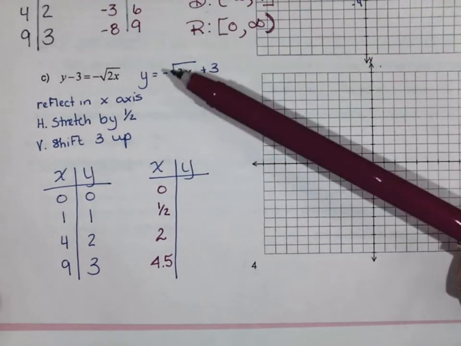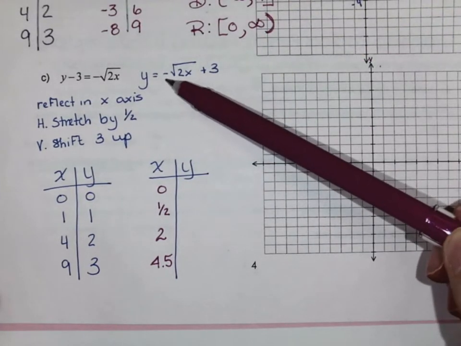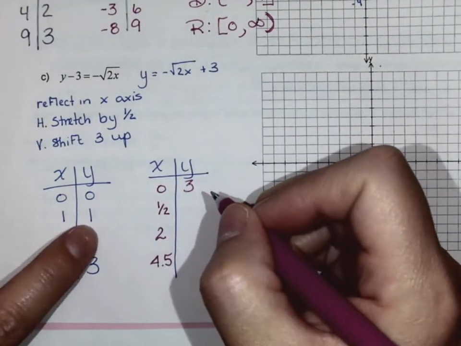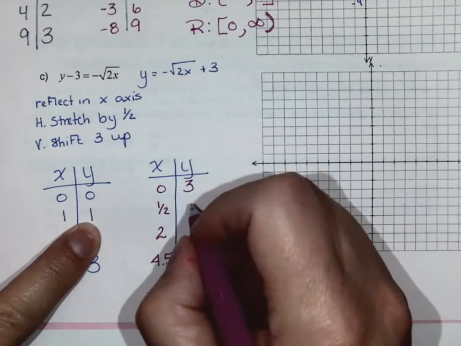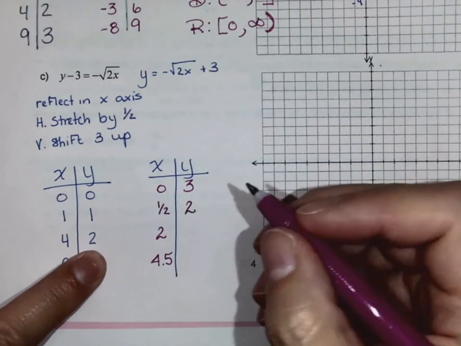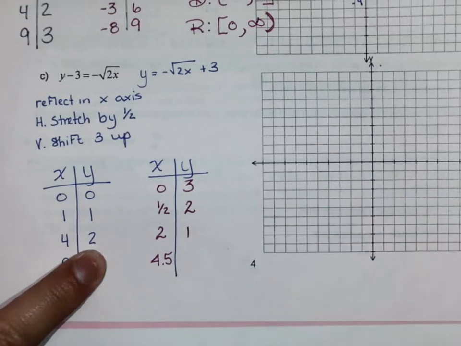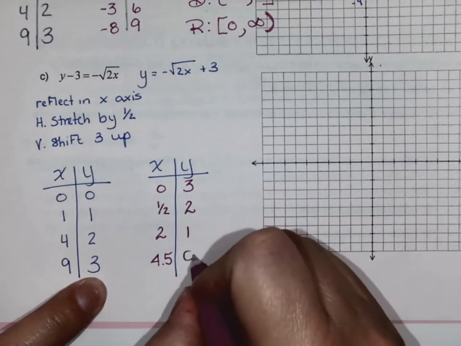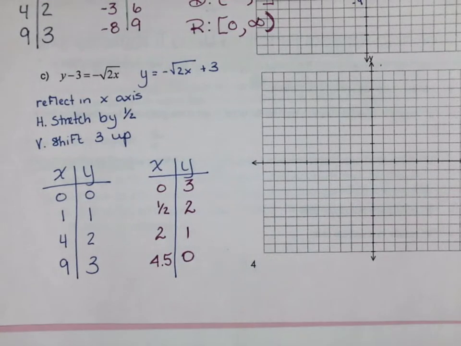So for the y's, I have to multiply by my -1 first and then add 3. So this would be -1 plus 3 is going to be at 2. -2 plus 3 is 1. -3 plus 3 is 0.